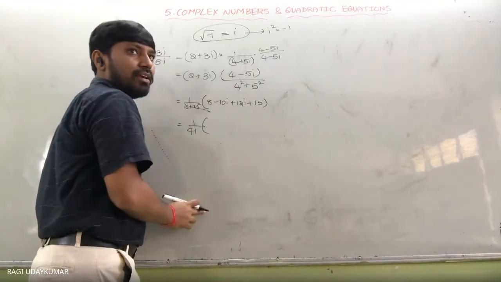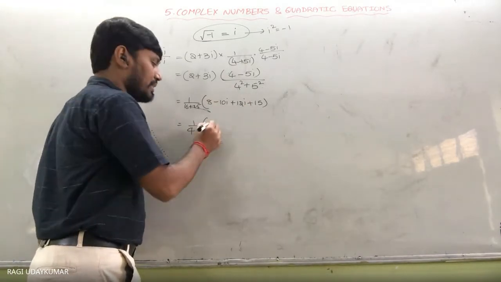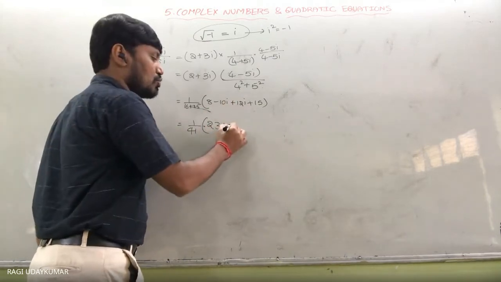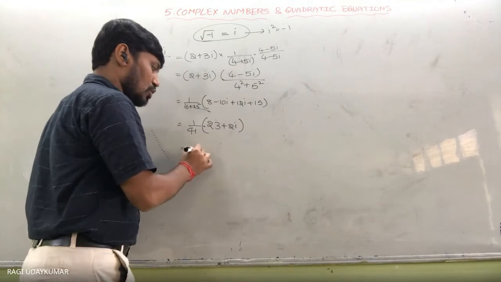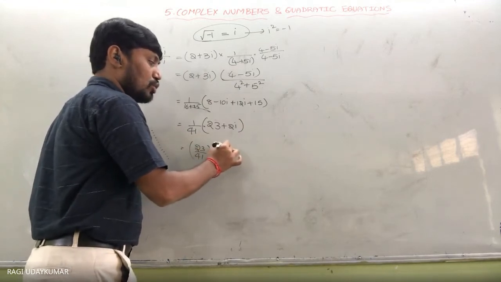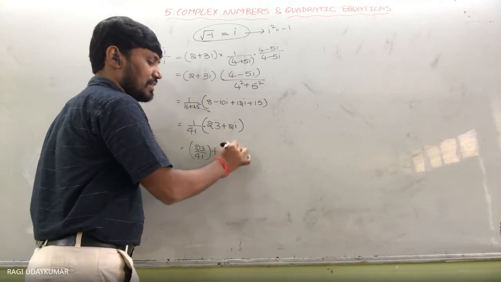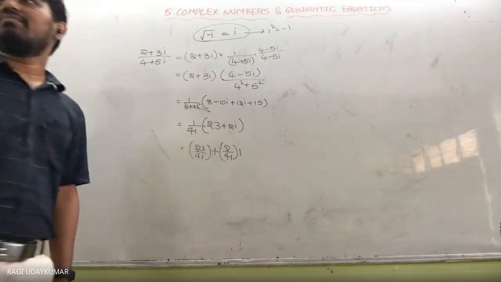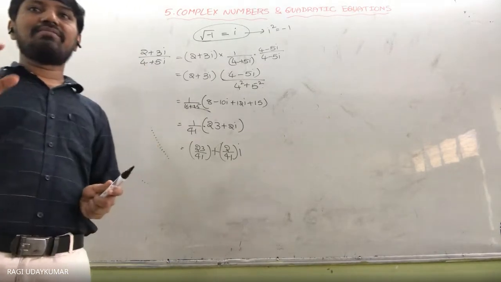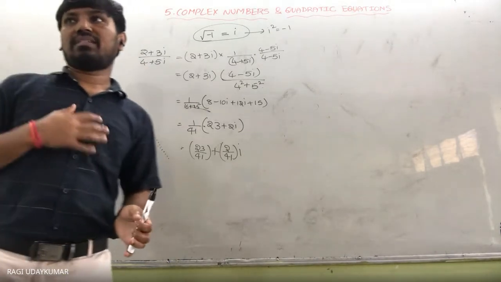Add 8 and 15, 23. Simplify these two: plus 2i came. So that is nothing but 23 by 41 plus 2 by 41 i. This is the final answer, the division of these two complex numbers. This is a way to divide the two complex numbers.